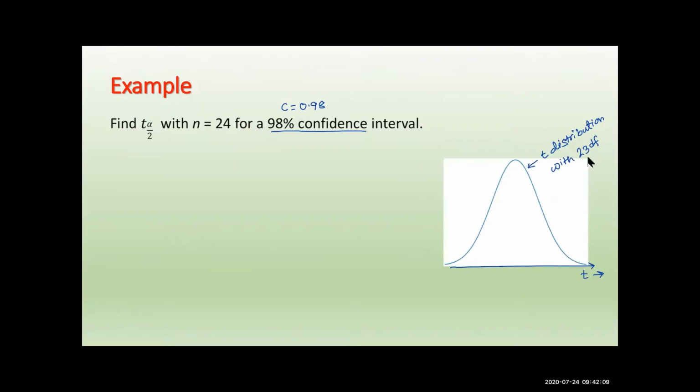And your degree of freedom is always your N minus 1. Okay, so we have the T distribution with 23 degrees of freedom. We have the confidence interval 98%. So the middle area is 98%. So label that area. So this area in the middle is 98% or 0.98.